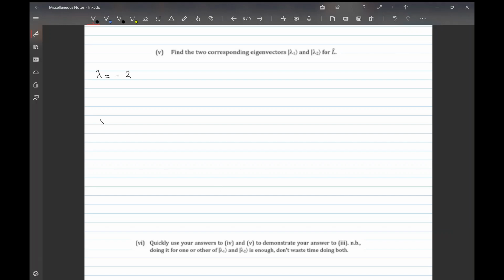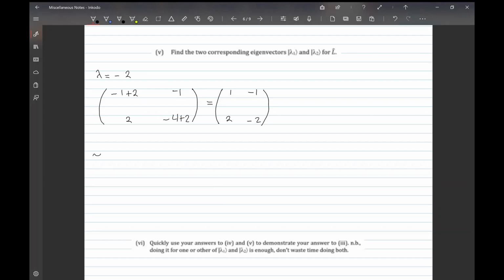So the matrix that we get when we plug in lambda equals minus 2 is minus 1 minus minus 2, so that's a plus, 2 minus 1, and minus 4 minus minus 2 again, so that's minus 4 plus 2, and that's equal to the matrix 1 minus 1, 2 minus 2.